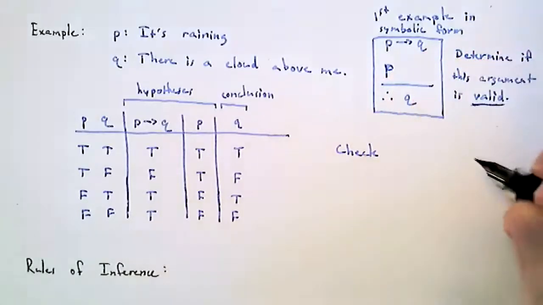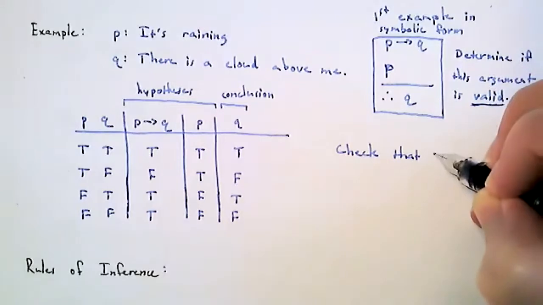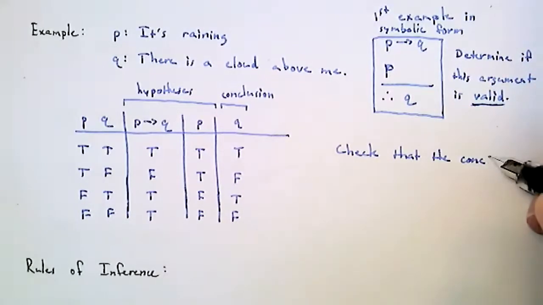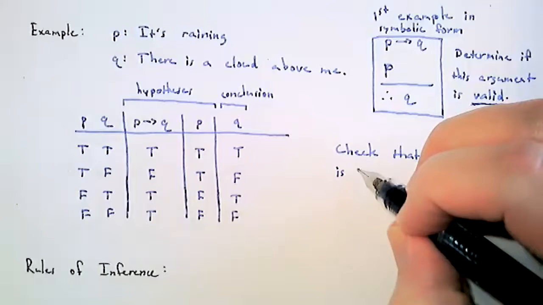And by that, I mean I have to check that the conclusion is true whenever both of the hypotheses, or all of the hypotheses, are also true.